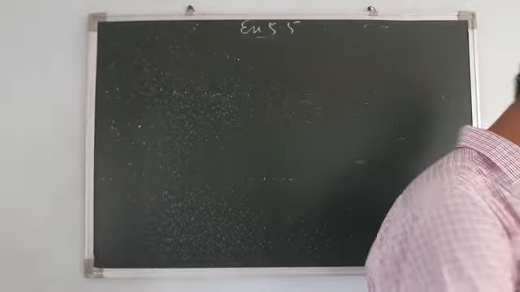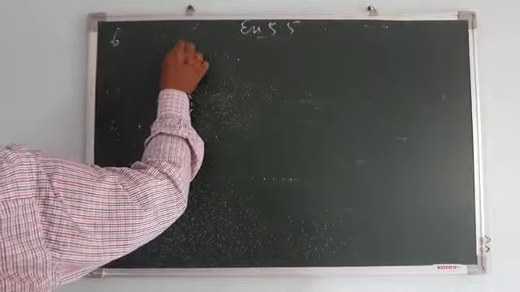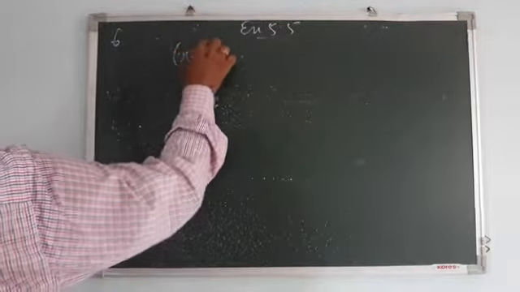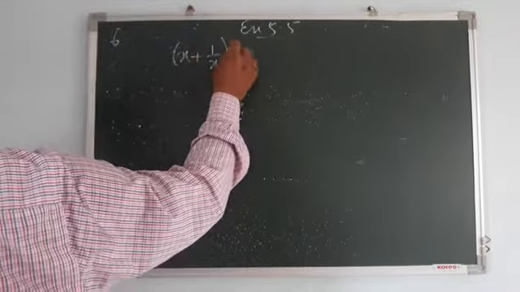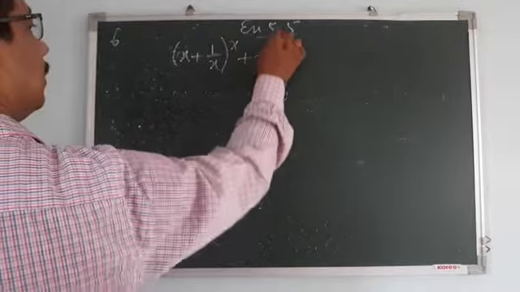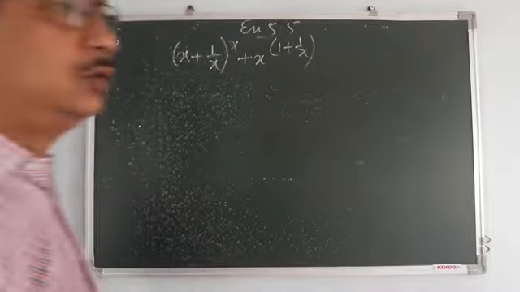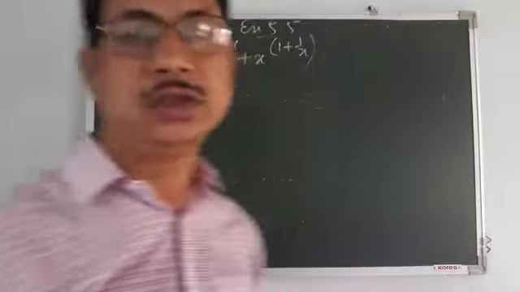Question number 6. It is given, you have to differentiate this term, x plus 1 by x to the power x plus x to the power 1 by 1 plus x.